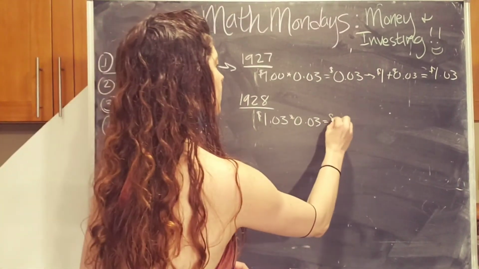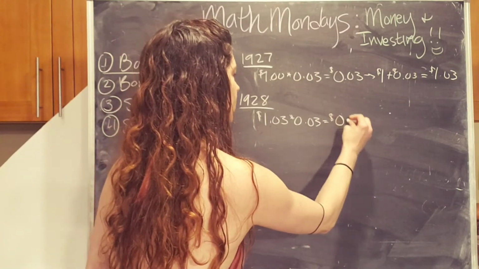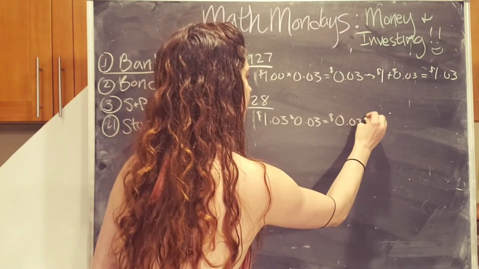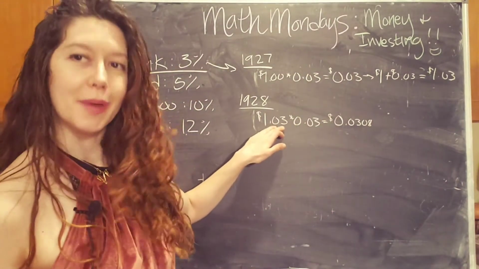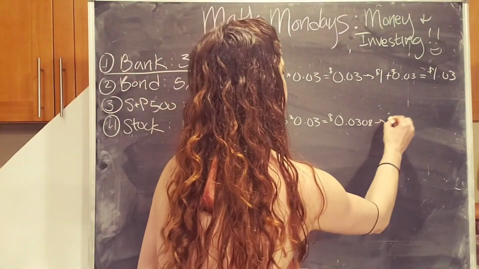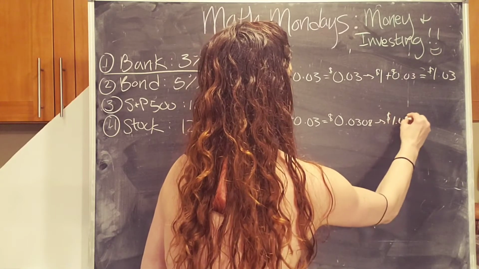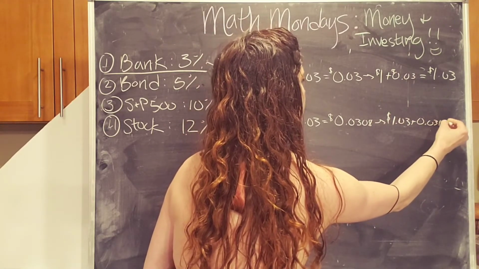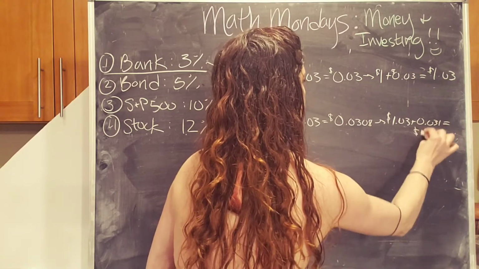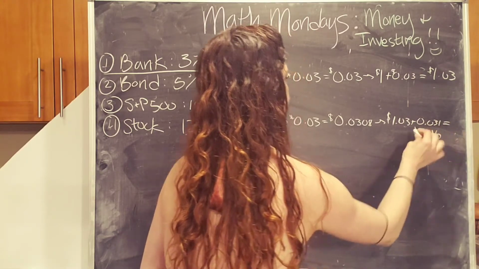And this gives us about 0.0308, which we then add to our bank account to give us 1.03 plus 0.031 equals $1 and about 6 cents.